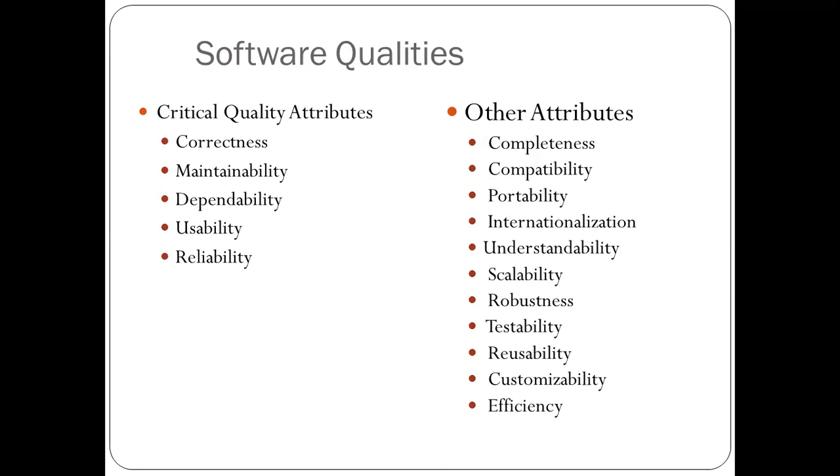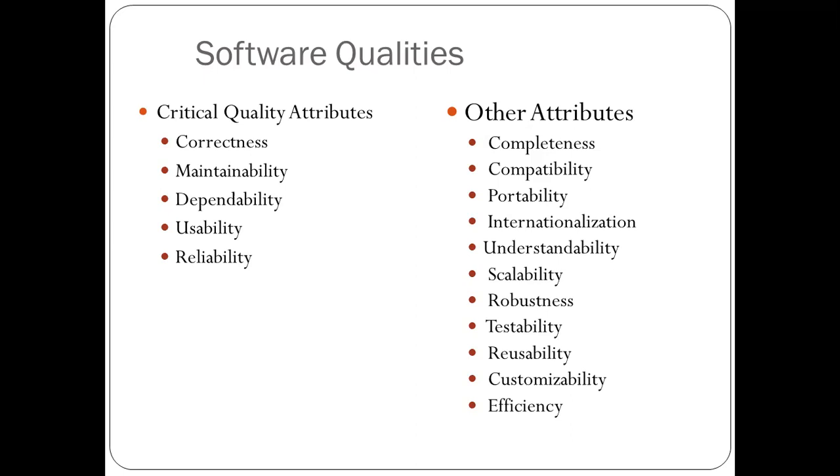And another attribute you can see here is completeness. Completeness means whether it is complete and fulfills all your demands or not, because sometimes you are developing system software, or sometimes firmware, or sometimes application software. So whether the software developed by you fulfills all the demands of the concerned organization or the users.